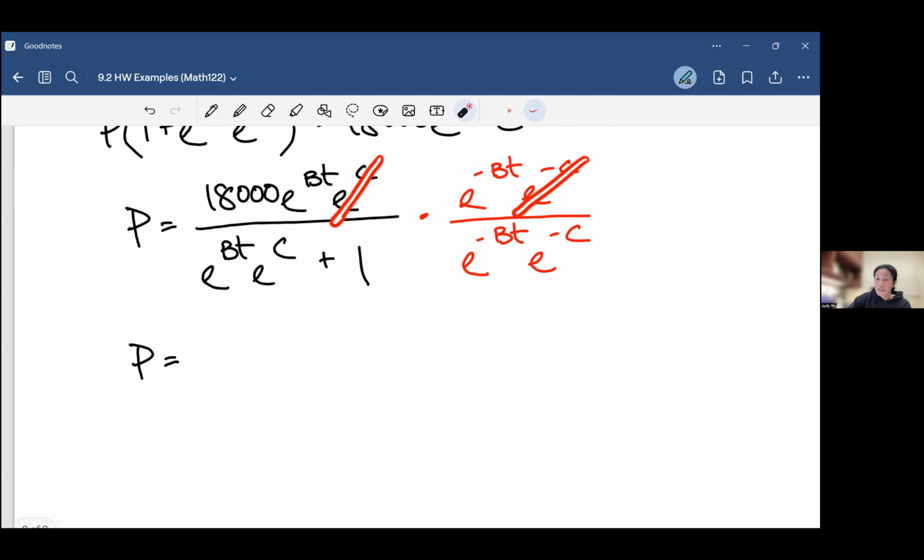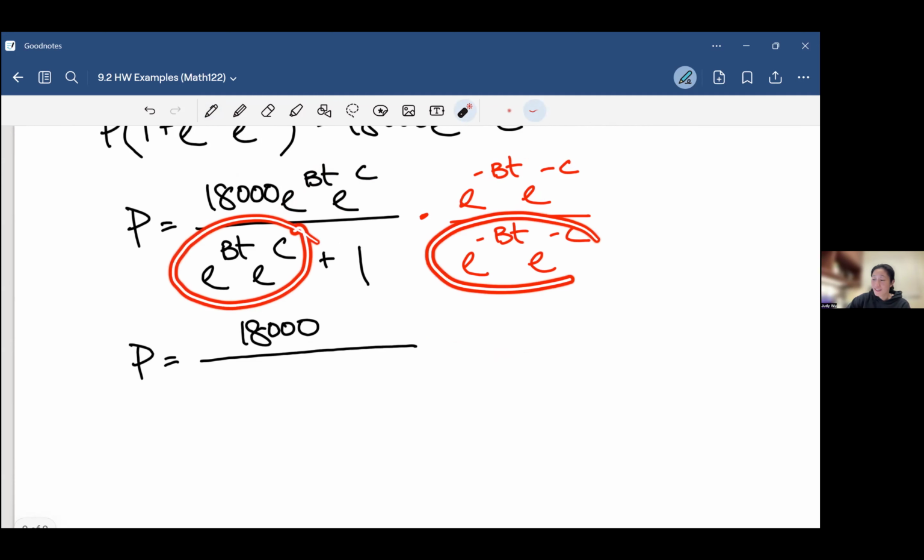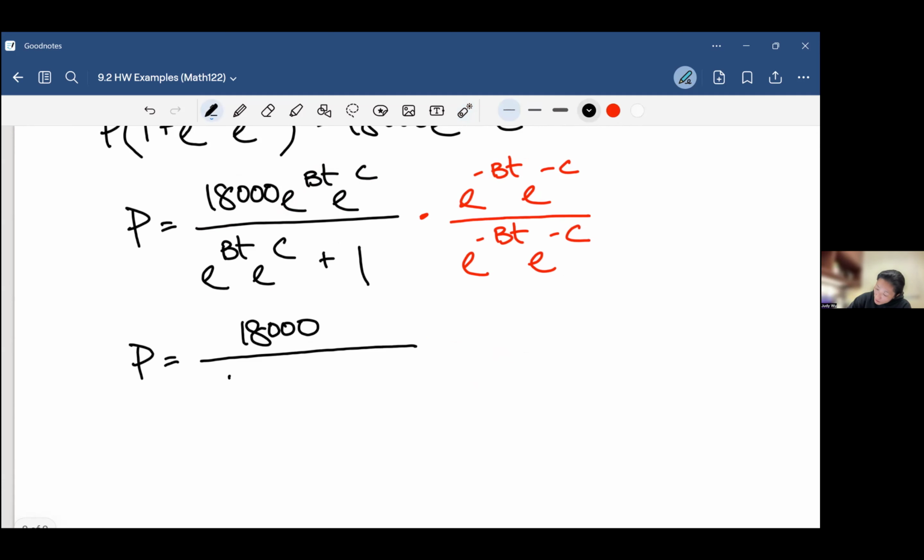And e to the c and e to the negative c are also going to cancel. So my numerator is just 18,000. Now, e to the bt, e to the c times e to the negative bt, e to the negative c, that's going to go to 1.